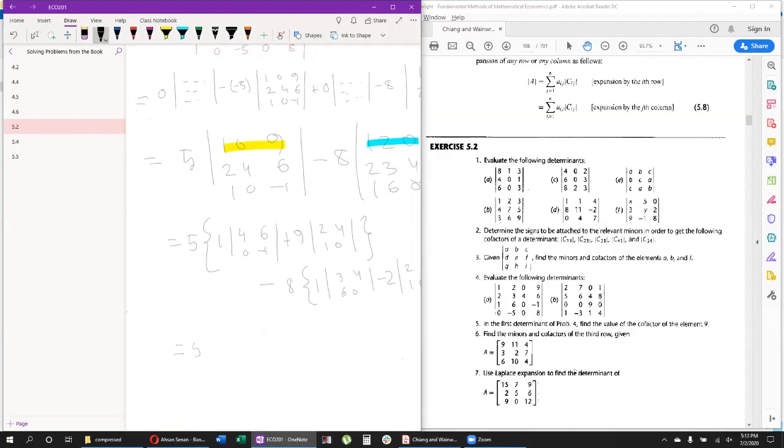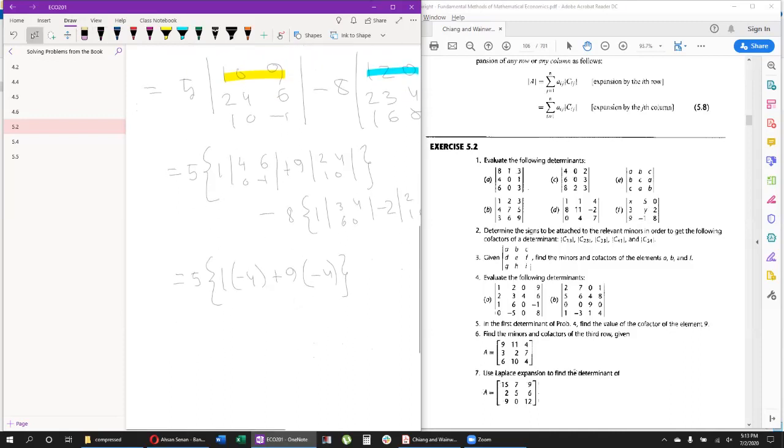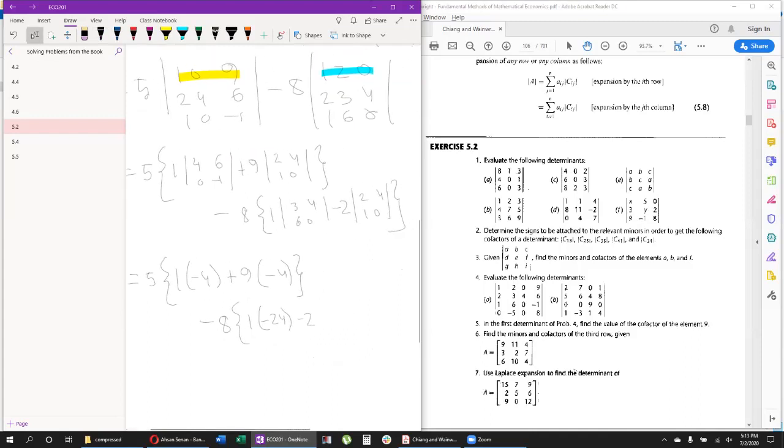This is equal to 5 times 1. What do we get here? Minus 4 plus 9. So 0 minus 4 minus 8 minus 24 minus 2.